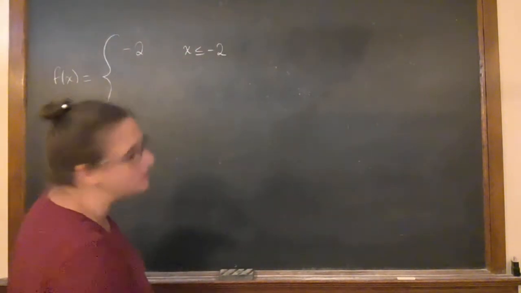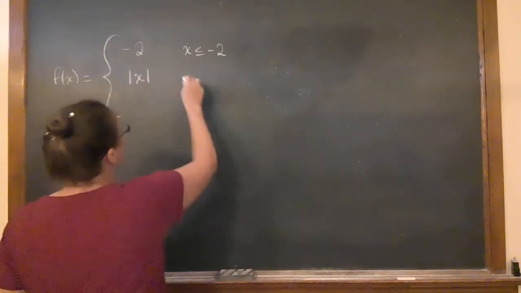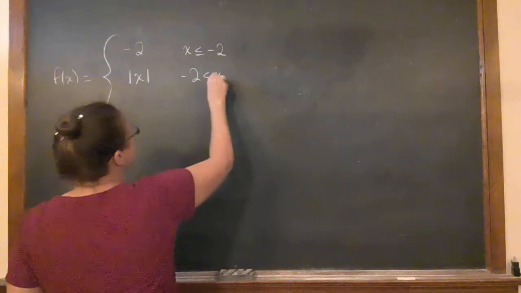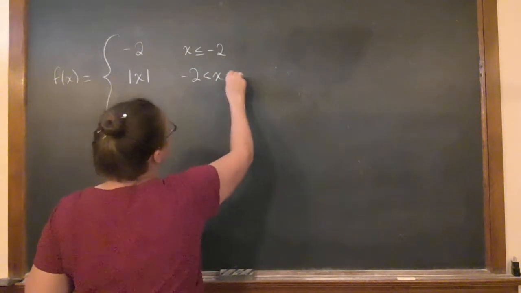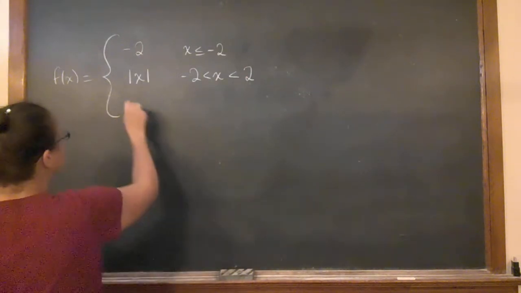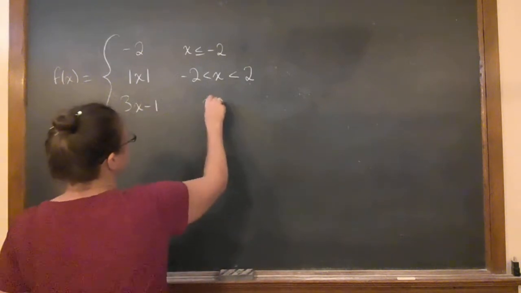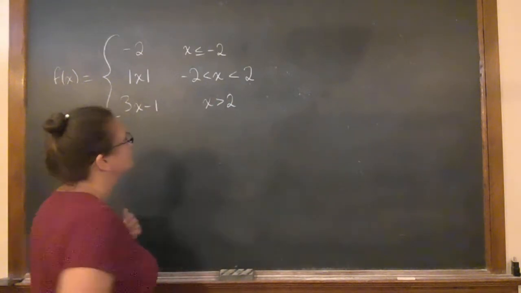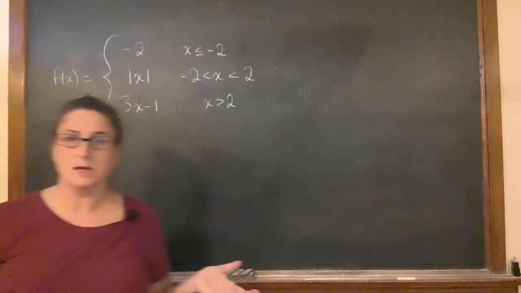So for example, I've got one here that just has some very basic functions, and I wanted to look at some features of this graph and discuss it, so that it's a nice example. So I'm given this, and we're just going to graph it.